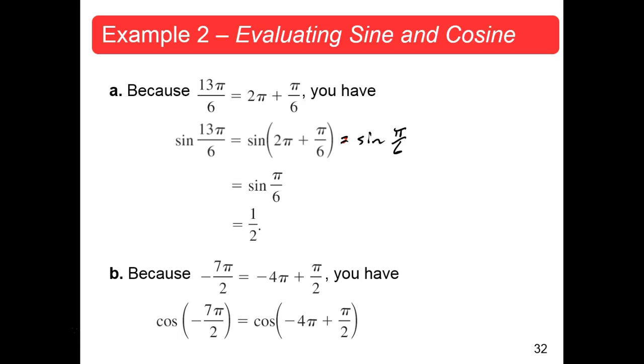This is a little weirder way to do it, but it is correct. This is exactly 2 periods in the opposite direction, okay? So therefore, cosine of minus 7/2 pi is the same as cosine of minus 4 pi plus pi halves. And because the period is 2 pi, you can wipe this out. That's the same as cosine of what?